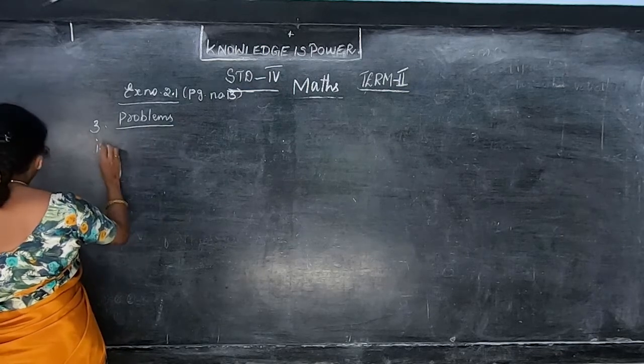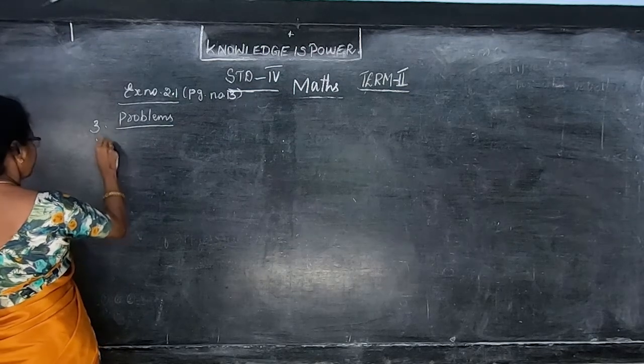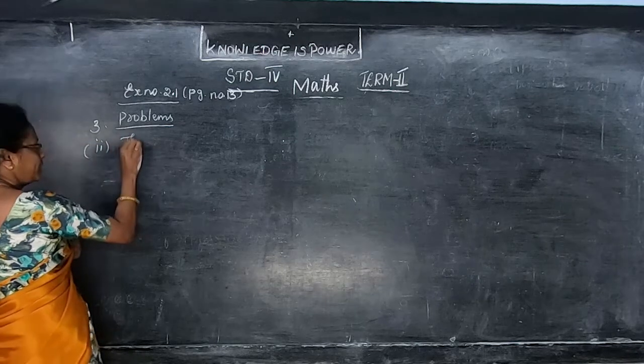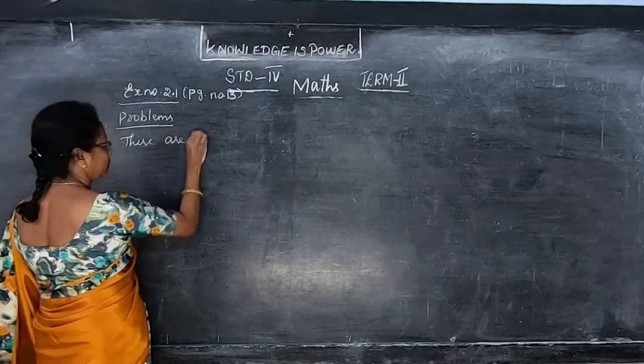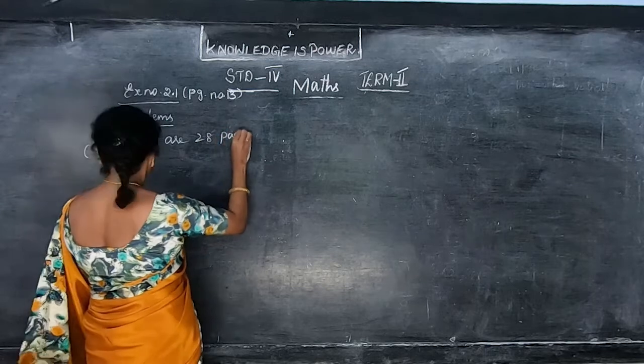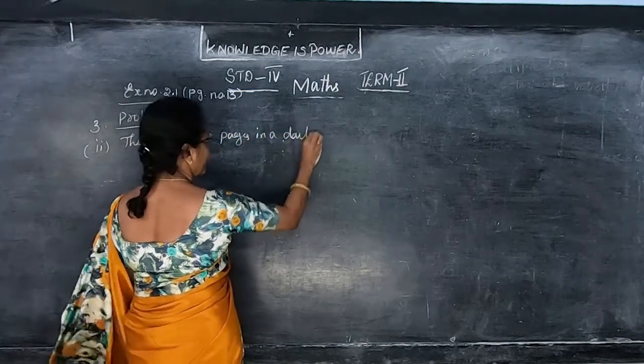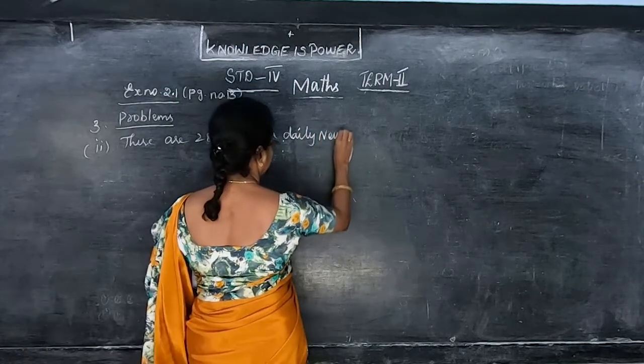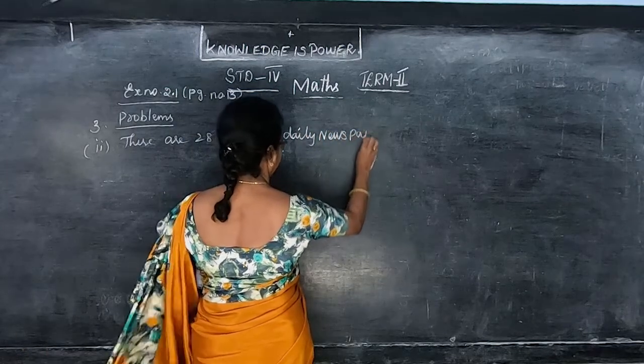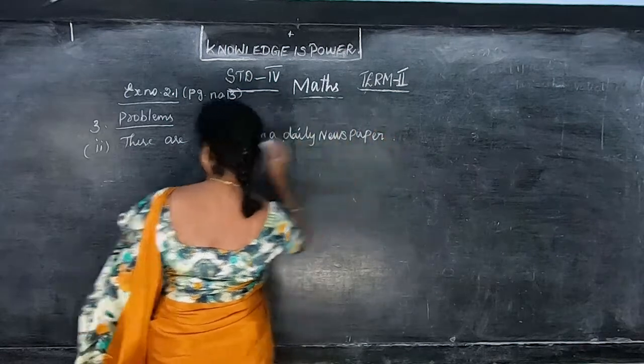So second problem: there are 28 pages in a daily newspaper. Okay, 28 pages in the daily newspaper.